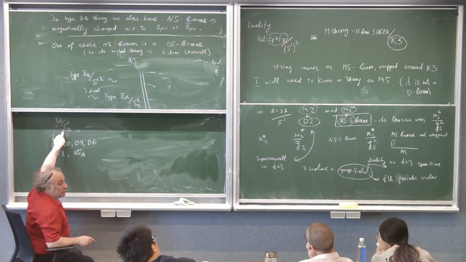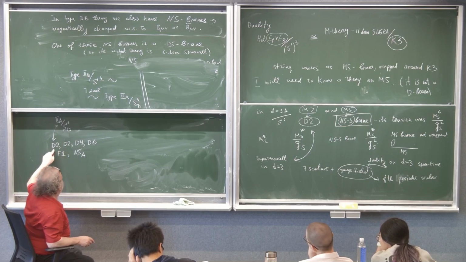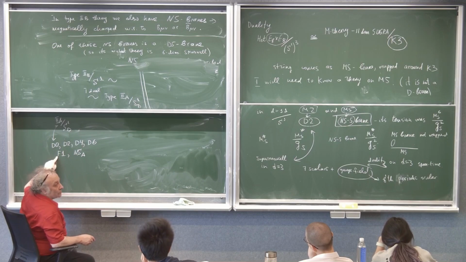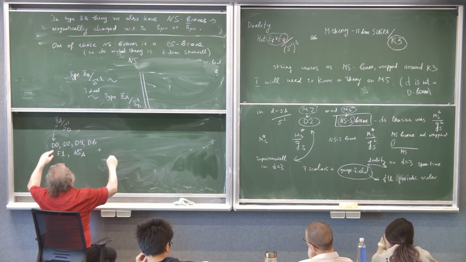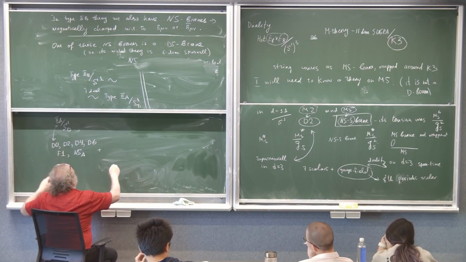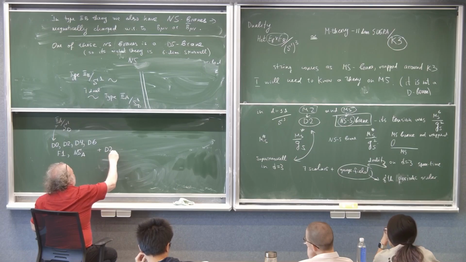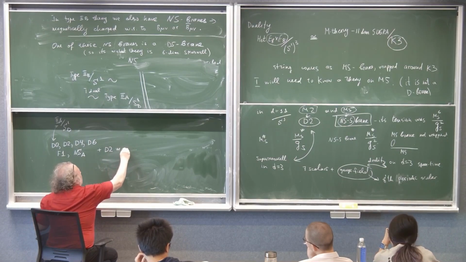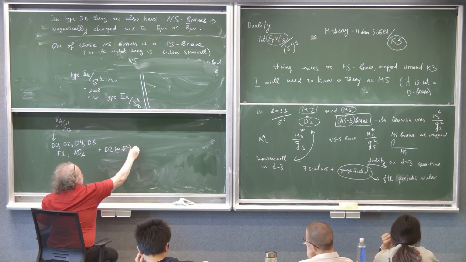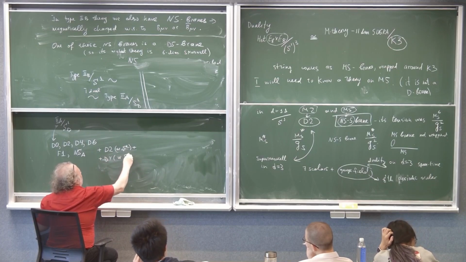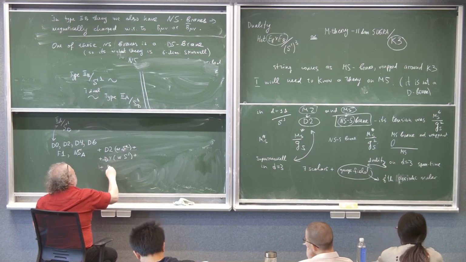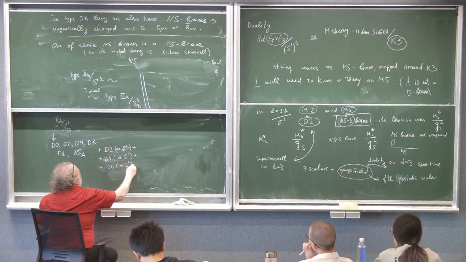So when I compactify on a circle, I have all of these guys plus. So D0 could not wrap on the circle. Plus D2 wrapped, I will call it wrapped S1. Plus D4, that is wrapped on S1. Plus D6, that is wrapped on S1.